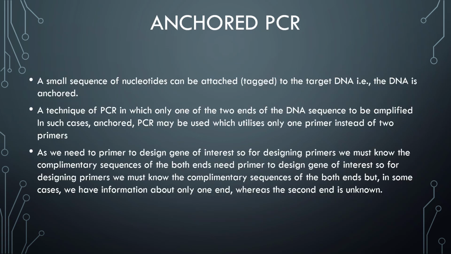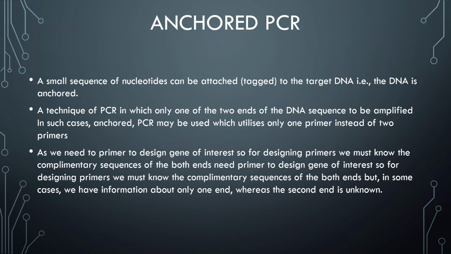And now the types. Anchored PCR: a small sequence of nucleotides can be attached or tagged to the target DNA, so the DNA is anchored. It's a technique in PCR in which only the two ends of the DNA sequence can be amplified.